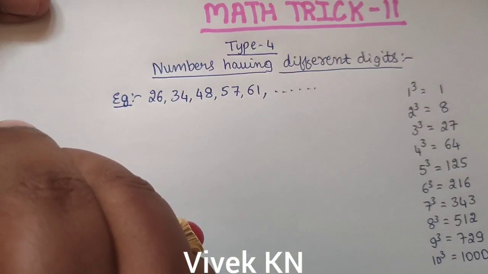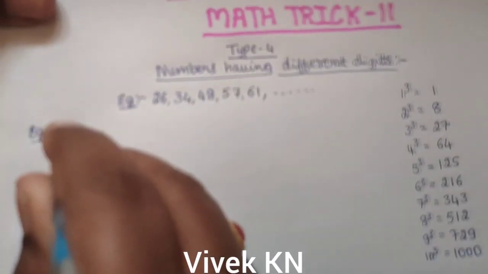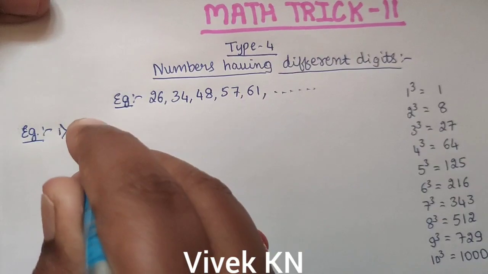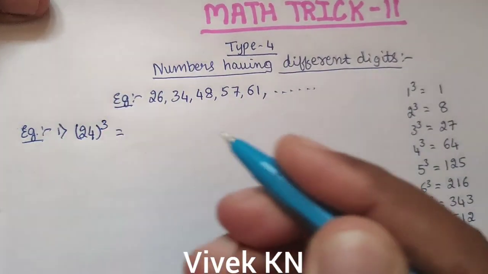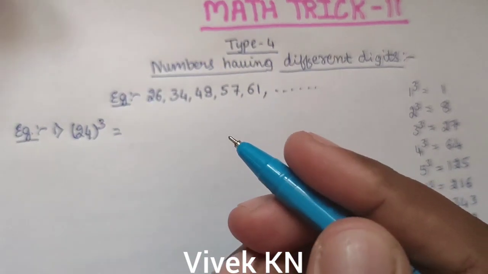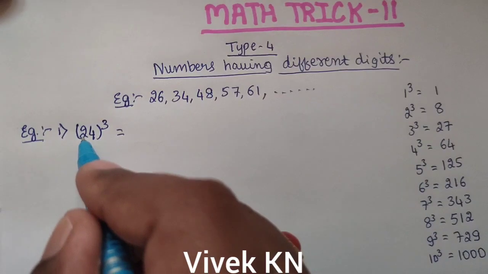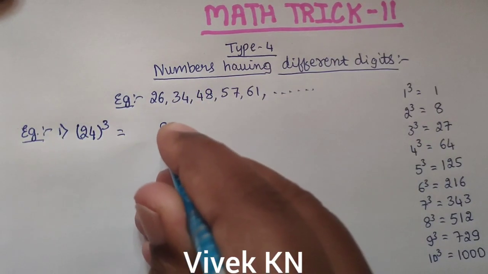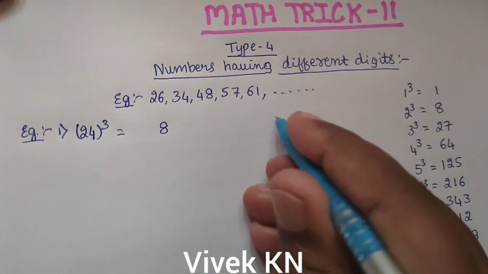Example 1. Let us find the cube of 24, that is 24 whole cube. In the first step, we have to cube each digit of the given number, that is the value of 2 cube is 8 and the value of 4 cube is 64.